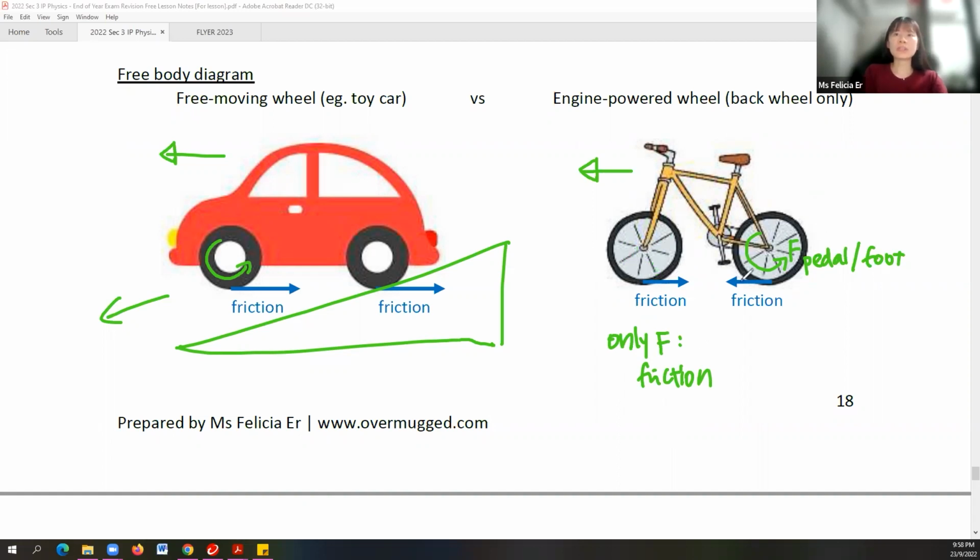The key difference is that for the back wheel, the forces present are your pedaling plus friction, so friction always opposes the motion. But for the free moving wheel, there is nothing to oppose. Friction is the only force present, so it has to make the wheel turn so that you can drive the bicycle forward. Without friction, your wheel will just skid and won't even rotate. That's why the friction direction is different for the two wheels.